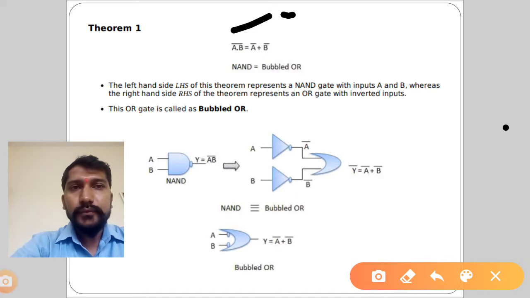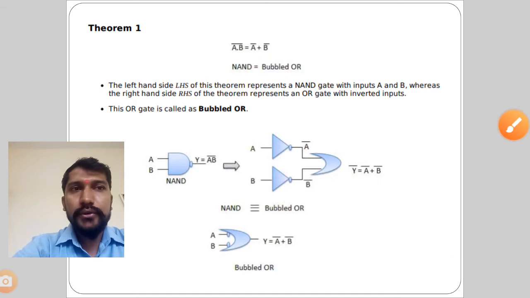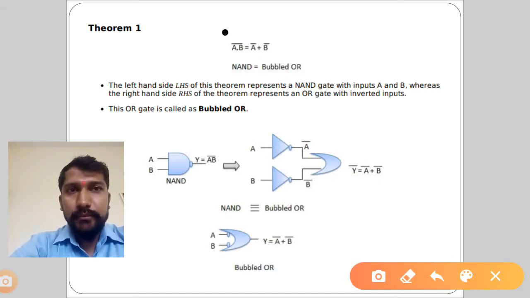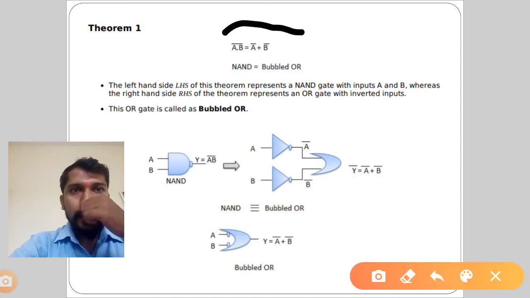Okay, so the statement will be like this. Dot indicates what? Product of complement is equal to sum of individual complement. See the statement properly. (A dot B) bar, that is product of complement, is equal to sum of individual complement.